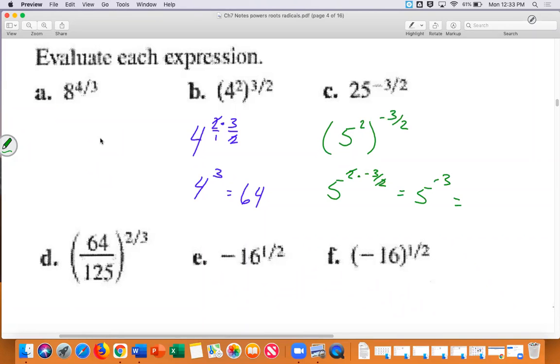What do we do with the negative exponent? Do you guys remember? Reciprocal. So then it's in the denominator. So this is 1 over 5 cubed, which is... 5 cubed, anybody? 125.